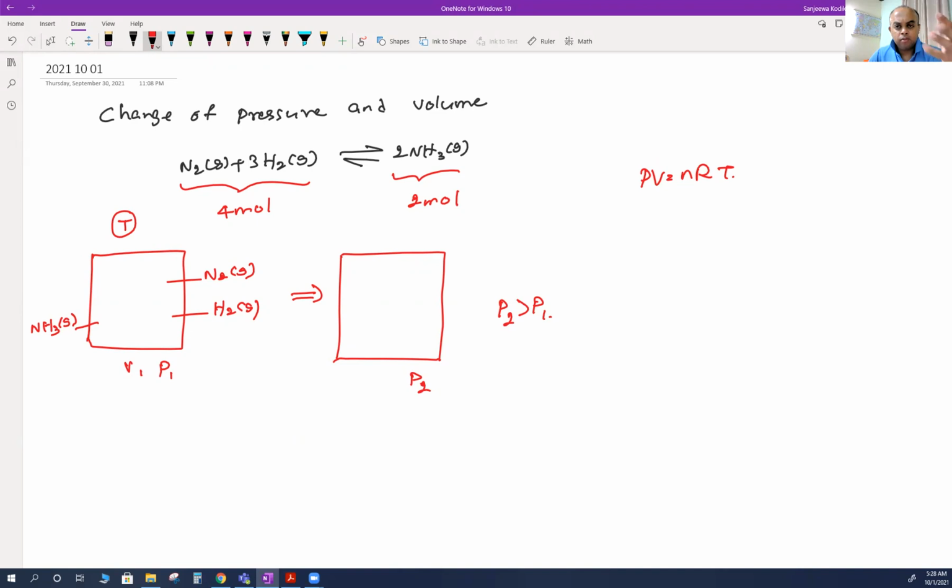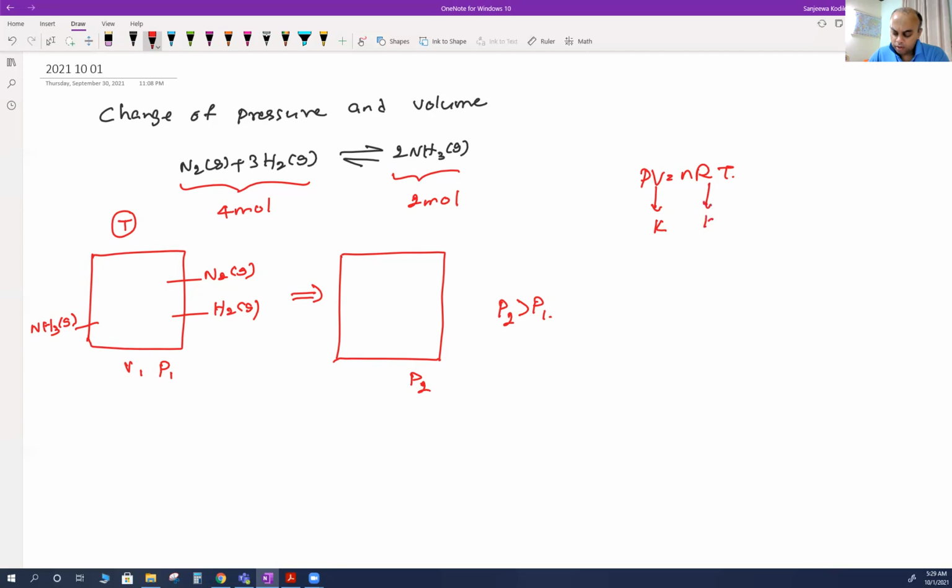So here, pressure increases means the system will try to decrease the pressure. Let's understand how the system is going to reduce the pressure. Here the volume is constant.